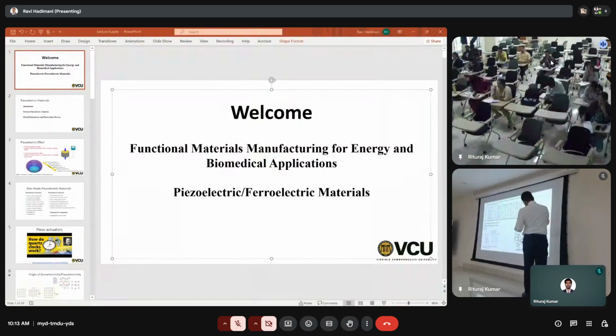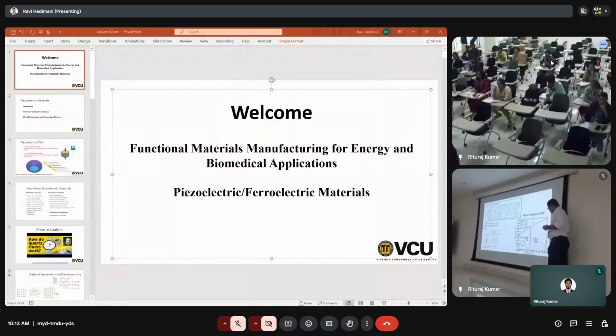Okay, so this is a ternary phase diagram, where lead zirconate and lead titanate are on each side, and as you start to add titanium, in the middle you get a mixture of titanium and zirconium, so lead zirconate titanate.